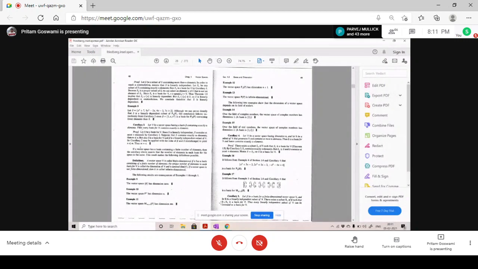Sir, if in a linearly independent list of vectors we also have a zero vector, then it will not be linearly independent, right? The singleton zero is linearly dependent always. Suppose we have n linearly independent vectors in a set, and we add one zero vector there, so there will be n plus one vectors. Can we say that they are linearly independent?